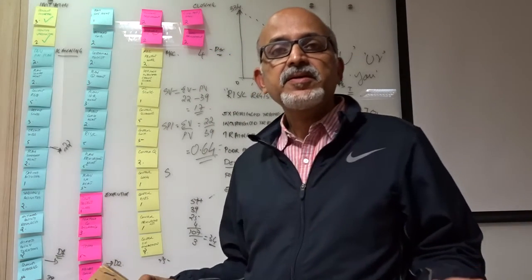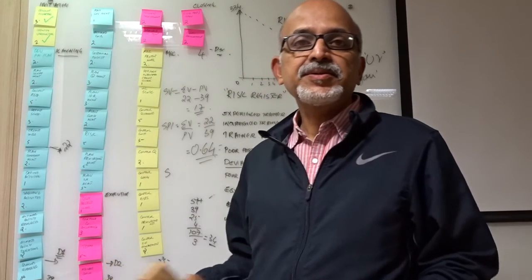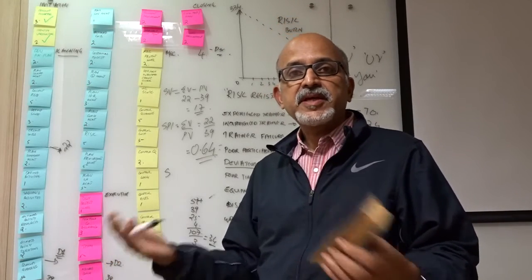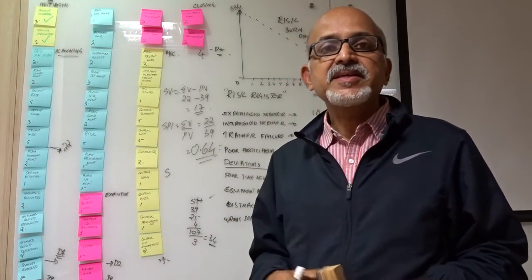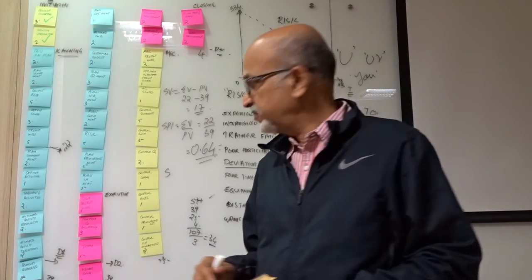An SPI equal to 1 would have told us that the project is right on schedule. An SPI greater than 1 means the project is ahead of schedule. And an SPI less than 1 means the project is lagging behind.